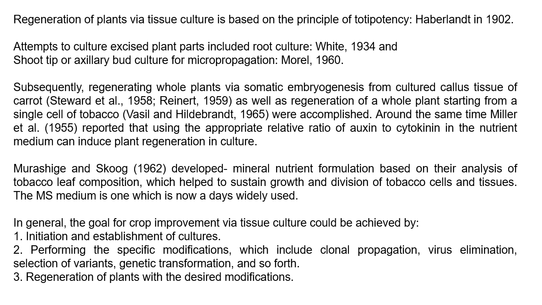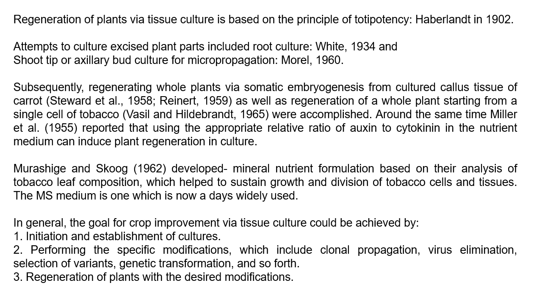Subsequently, regenerating whole plants via somatic embryogenesis from cultured callus tissue of carrot was done in 1958 and 59, as well as regeneration of a whole plant starting from a single cell of tobacco in 1965.